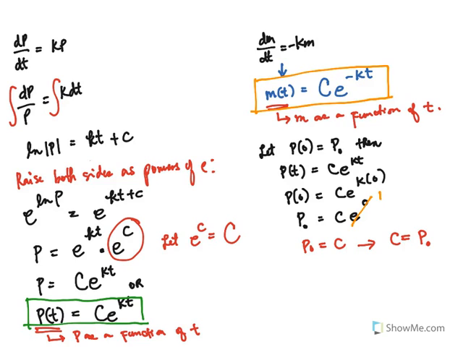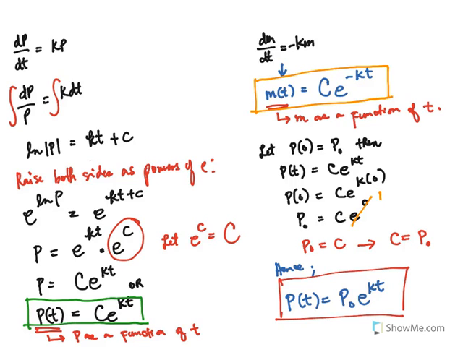Hence, we can redefine our solution to be P of t equals P naught e raised to kt. So instead of using c e to the kt, we can use P sub 0, P naught, e raised to kt.